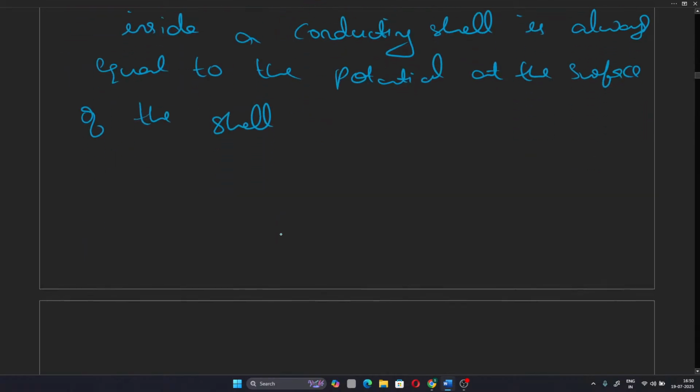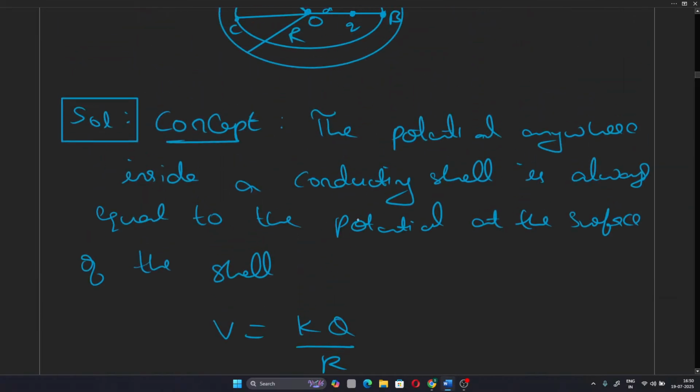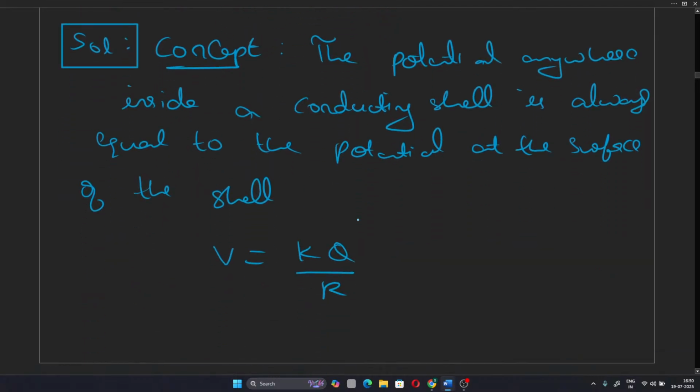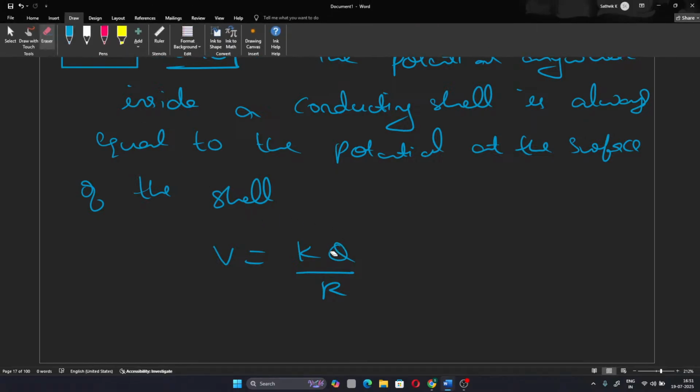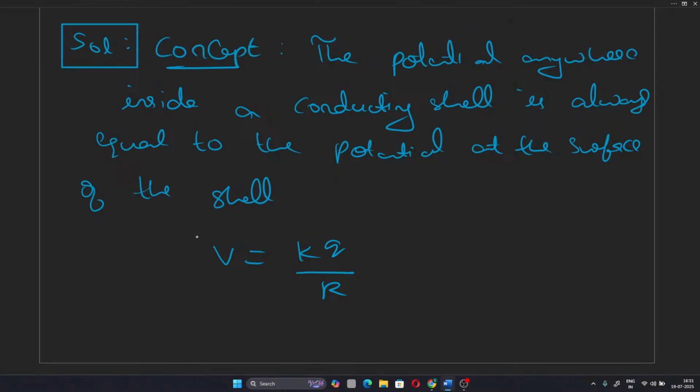And at the surface of the shell, the potential is given by the basic formula, V equals kQ by R. So this will be the answer. In this case, we take it as not a capital Q but a small q. The final answer.